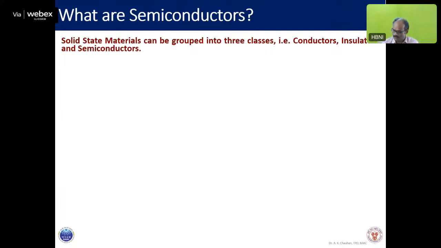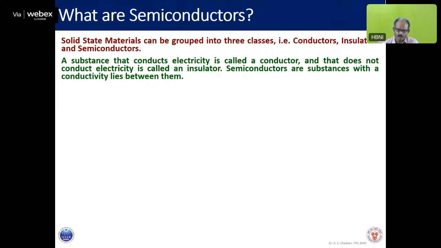Generally, all solid state materials, on the basis of their electrical conductivity, we can group into three different classes: conductors, insulators, and semiconductors. A substance that conducts electricity is called a conductor. In a crude way, this is a simple definition.